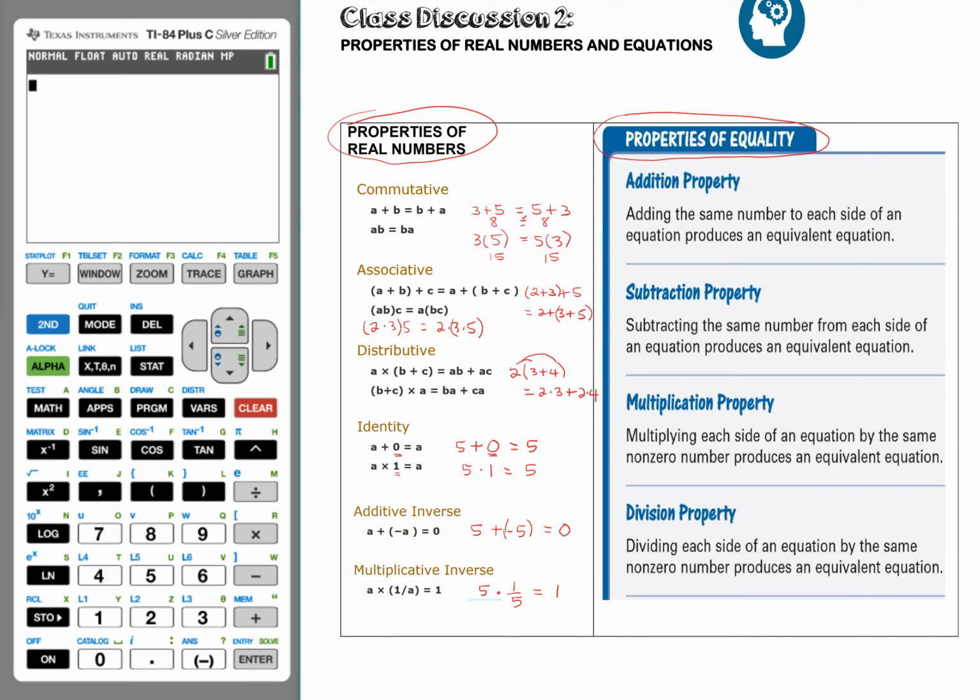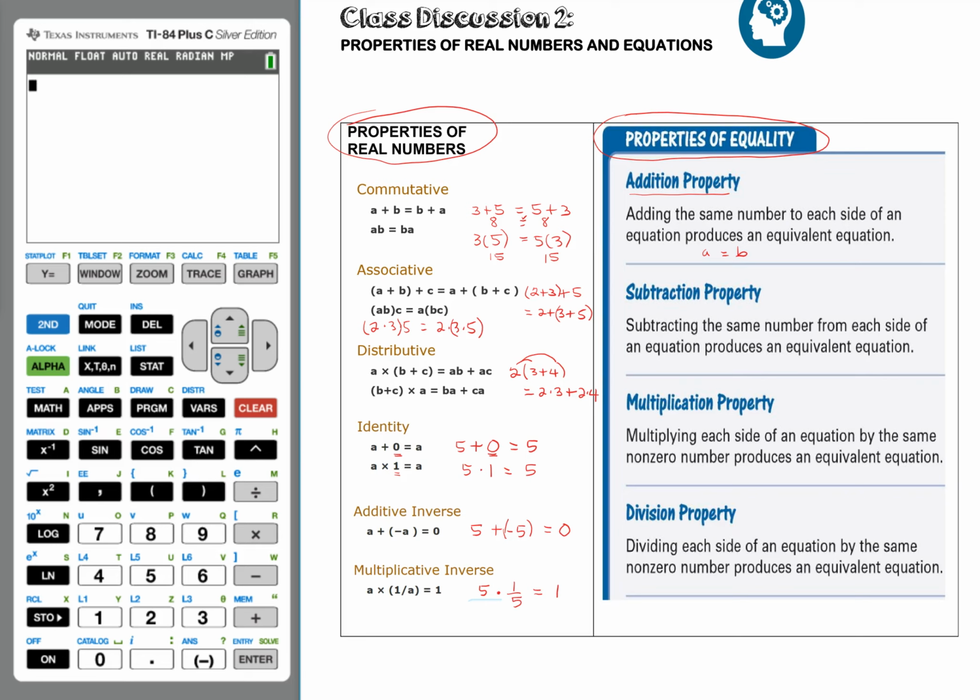Now let's have the properties of equality. Adding the same number to each side of an equation produces an equivalent equation. So we call that the addition property of equality. We have here a is equal to b.